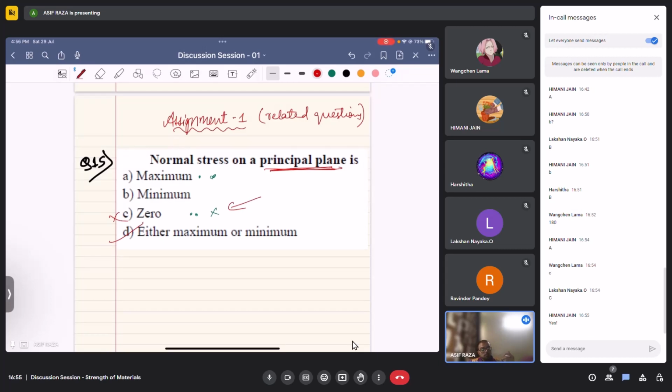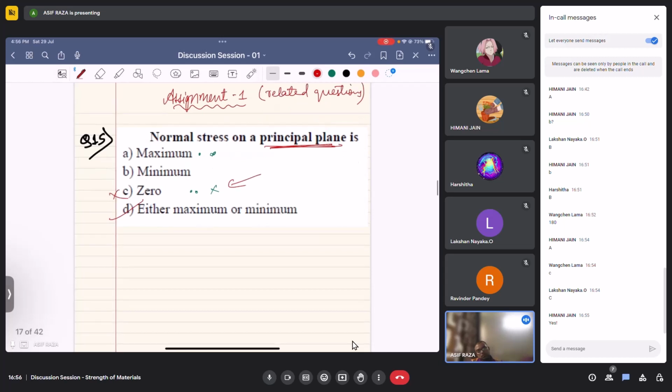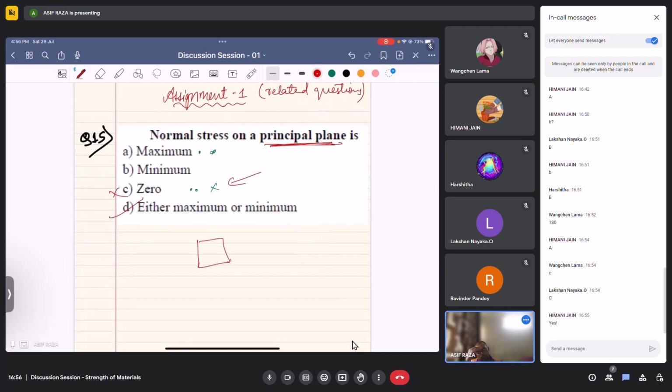Now, how would you say either maximum or minimum? Suppose this is principal plane sigma 1, sigma 2, sigma 3, as there is no shear stress involved. Both of them are principal planes, and both of them are normal stresses, right? But if you see the principal stresses, sigma 1 is greater than sigma 2, right? So one of them would be maximum or minimum.